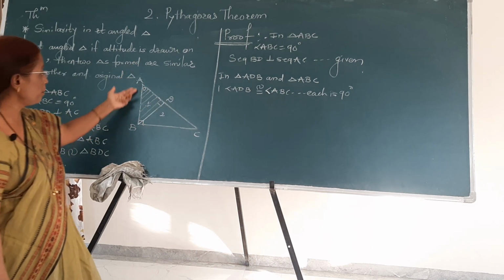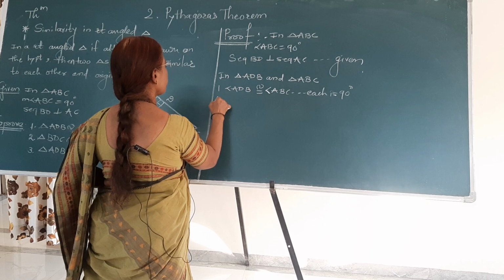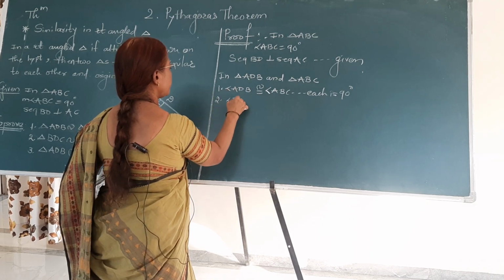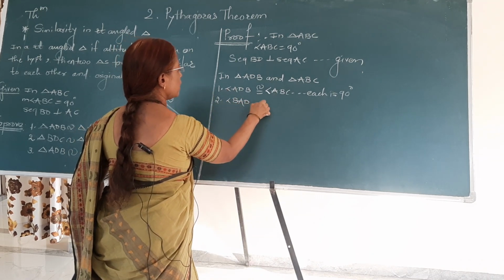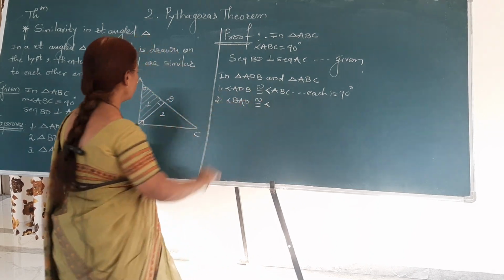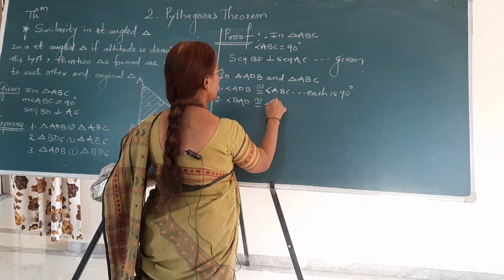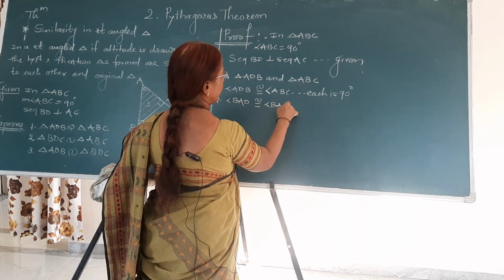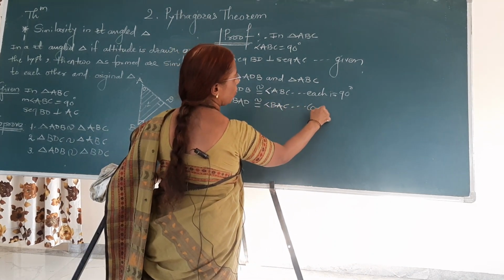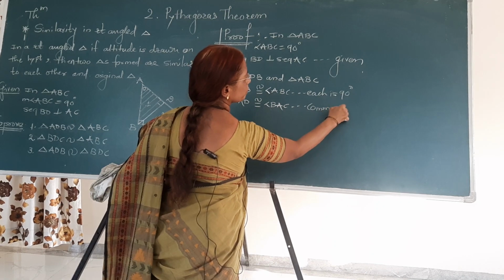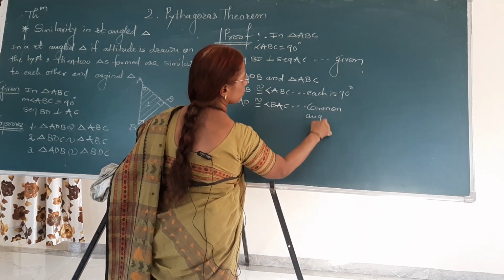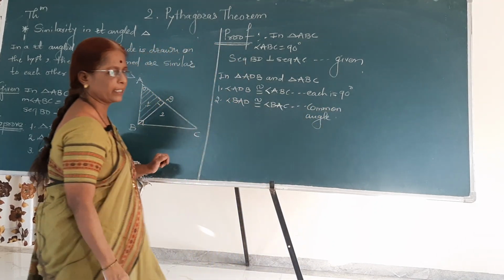So we will write here BAD. Secondly, angle BAD is congruent to angle BAC, and the support is common angle.